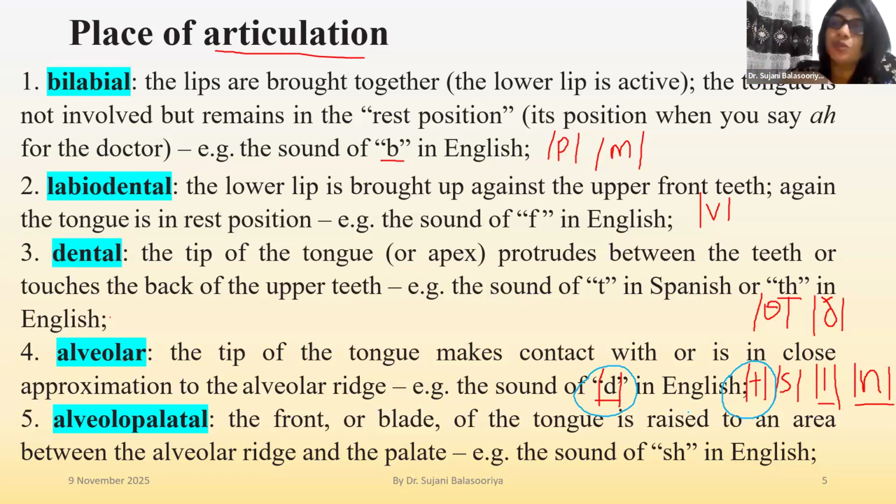But how do you produce T and D? Could you please produce these two sounds which I have circled, and tell me whether the tip of your tongue touches the alveolar ridge or somewhere else? Can you just try that now and tell me what happens?